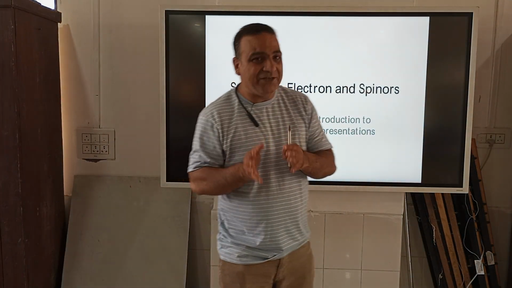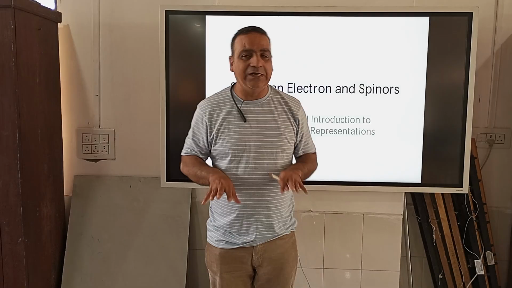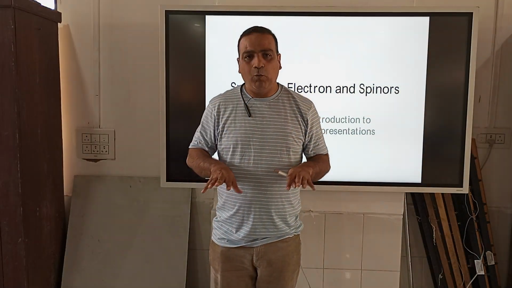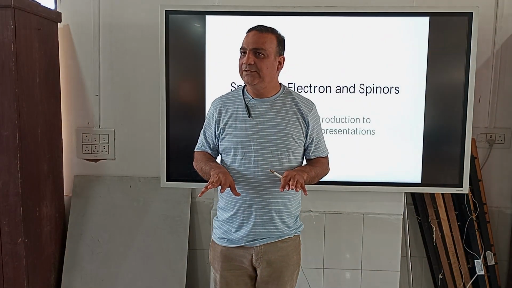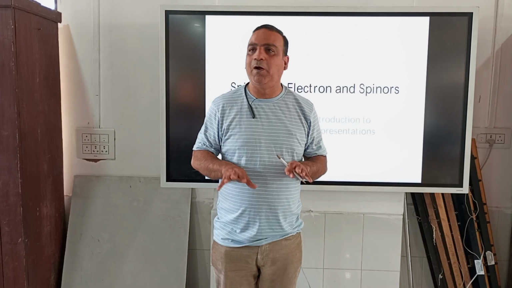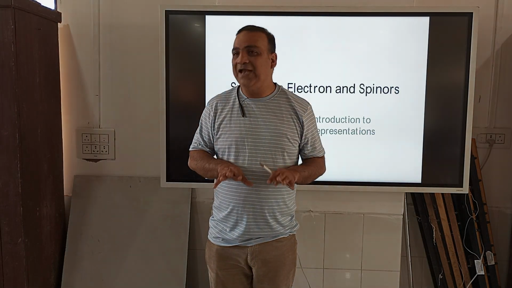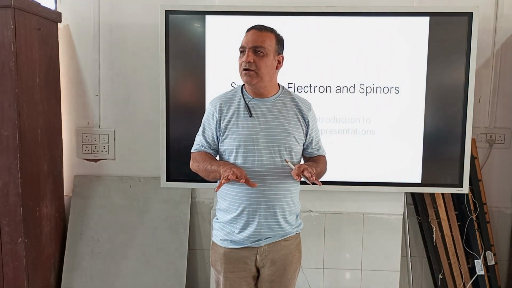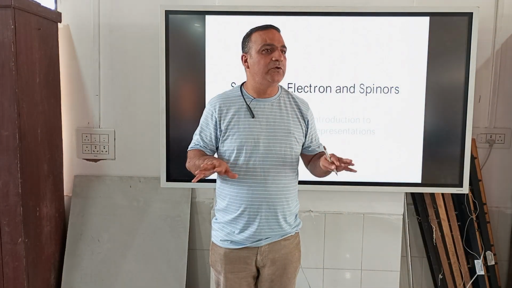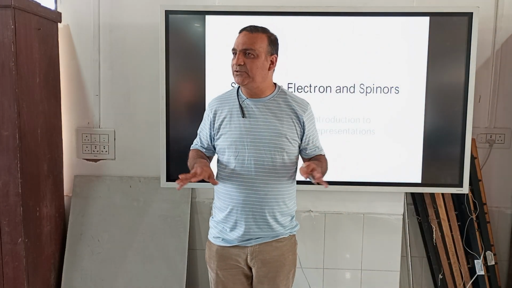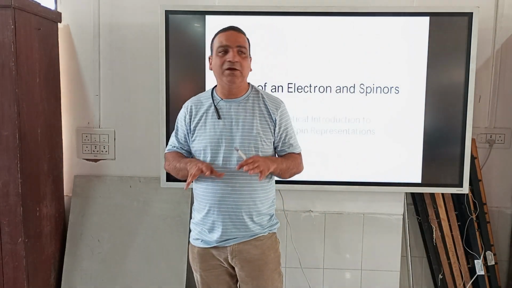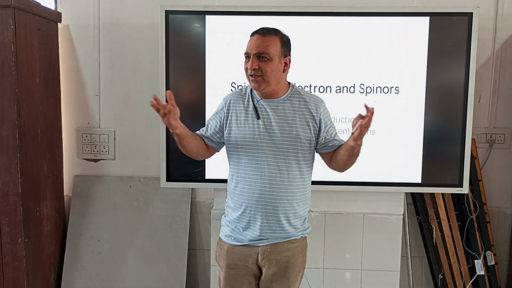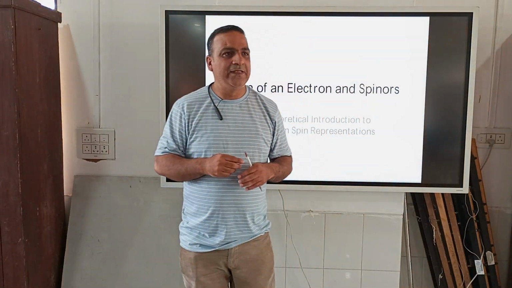But when we make a transition to the microscopic world, now what is our microscopic world? It's a world filled with particles. And these particles are atoms, molecules, protons, neutrons, electrons, and all other elementary particles.